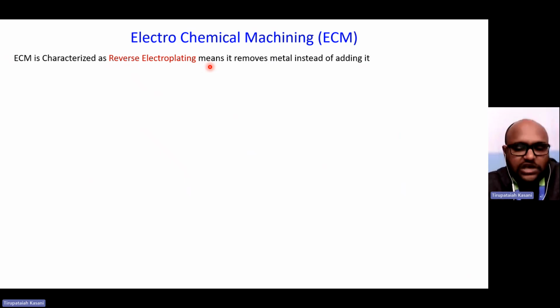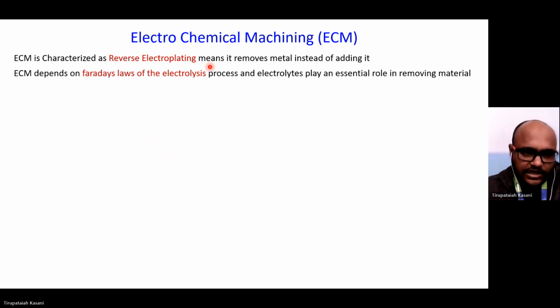This is reverse electroplating, so the material removed from the workpiece is supposed to be deposited over the electrode, but this is not happening. Why? Because due to the continuous flow of the electrolyte medium, the material removed from the workpiece is taken away from the machining zone.